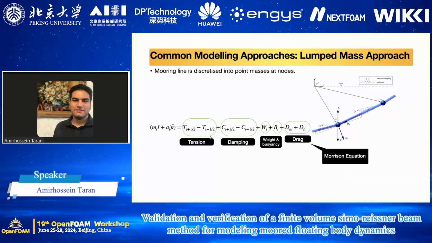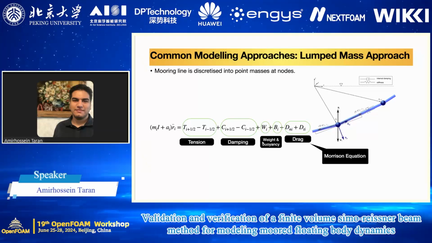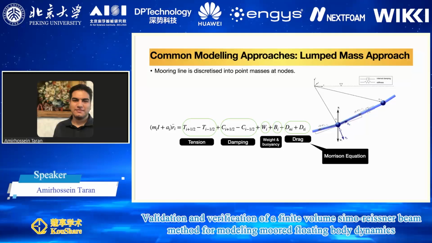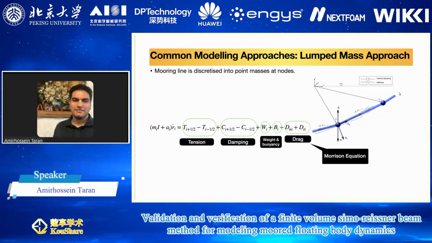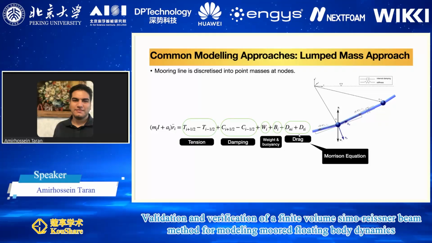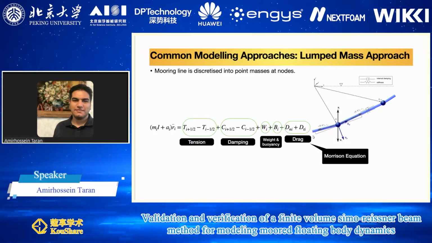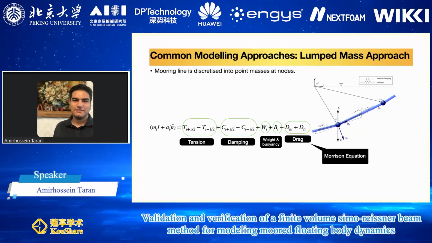For example, you can have tension for each node, damping, buoyancy, weight, and also drag. When you solve such a system of equations for the whole line, you can easily connect this to a CFD solver and then solve for your mooring line.